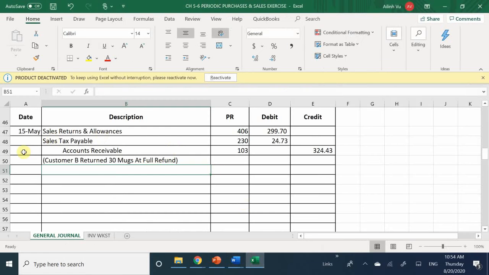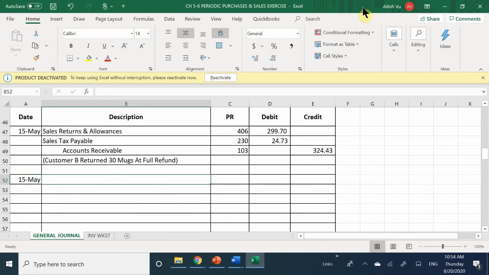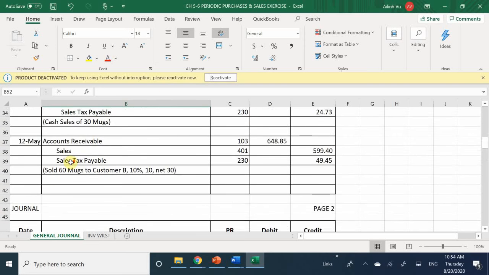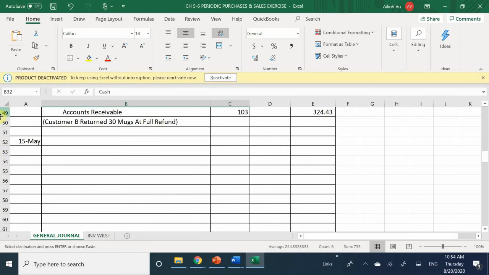So what are we going to do here? Yes, we received cash, and what else do we need to recognize? Sales and sales tax payable. Good. All right.